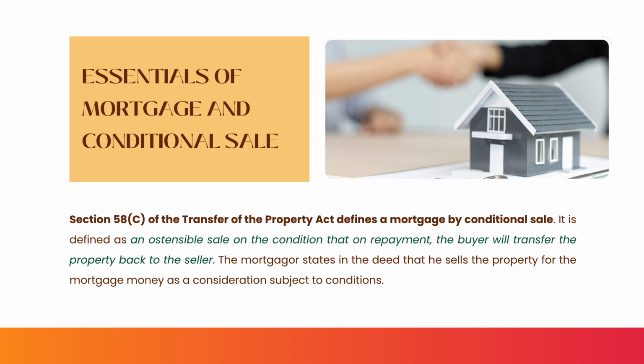Section 58C of the Transfer of Property Act defines a mortgage by conditional sale. It is defined as an ostensible sale on the condition that on repayment the buyer will transfer the property back to the seller. The mortgagor states in the deed that he sells the property for mortgage money as a consideration subject to conditions.